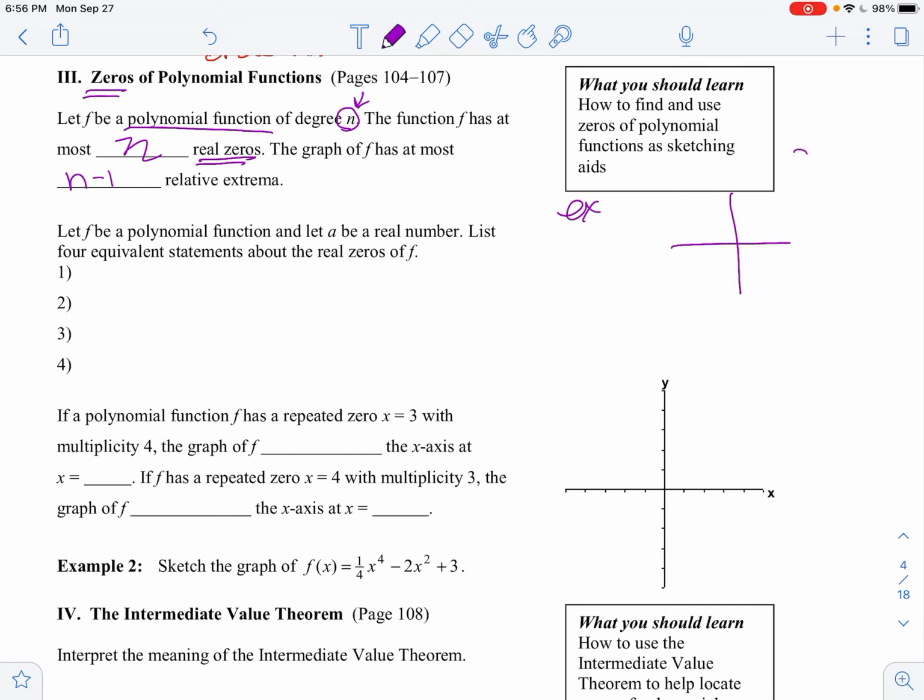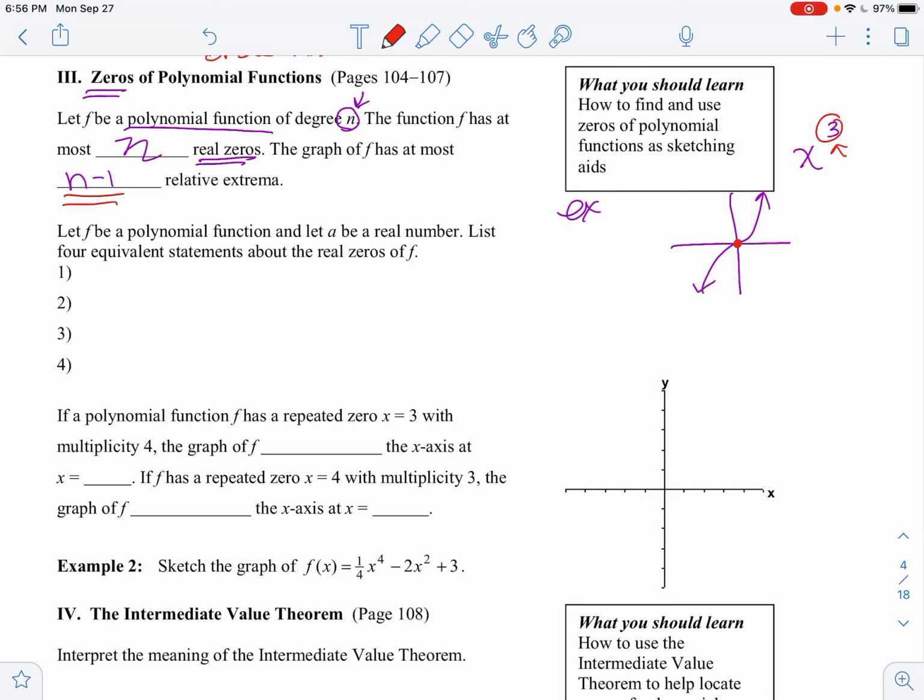So let's say, for example, you have x to the third. X to the third looks like this. We can see here that our zeros, there's only one of them. So we knew that there couldn't be more than 3, and that n minus 1 is our relative extrema.